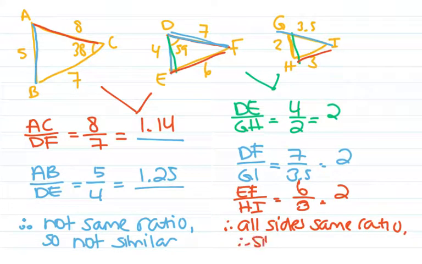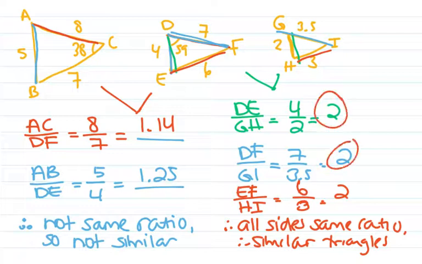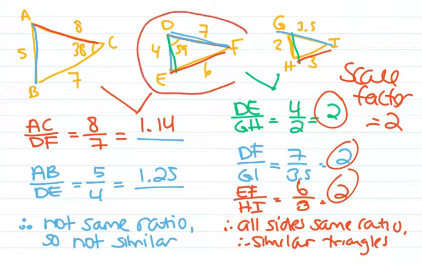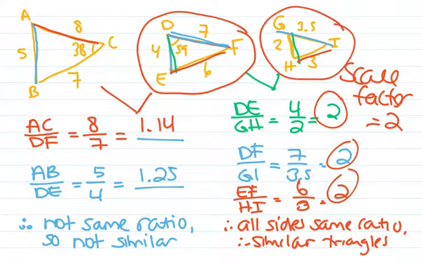Therefore, these are similar triangles. And what's the scale factor? The scale factor is 2. Okay, so that means that this one is 2 times as big as this one. That's the scale factor. Okay, on to the next page, number 2.